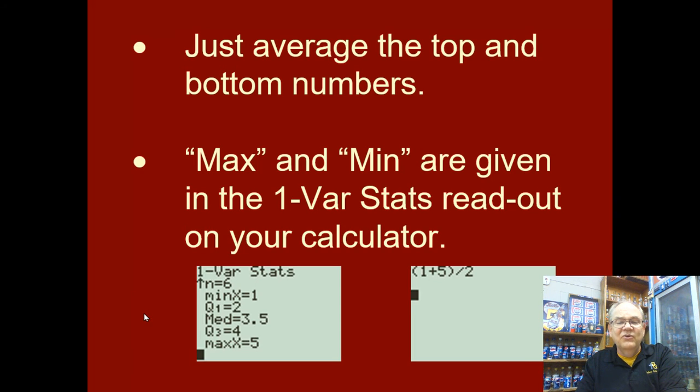And you might have noticed when I was showing you where median was before, that you can find max and min there as well. So on the set of data I had in there, I would take 1 plus 5 and divide by 2. Not too hard to figure out that 6 divided by 2 is 3. So you'd end up with 3 on here. Again, mid-range, you just take the top and the bottom, add them up, divide by 2, that's the mid-range.